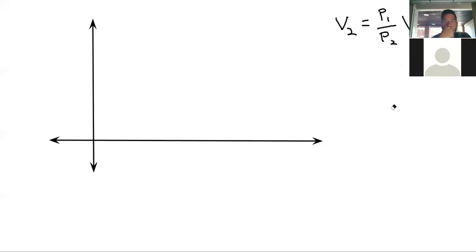So think of the horizontal axis as pressure, and think of the vertical axis as volume.